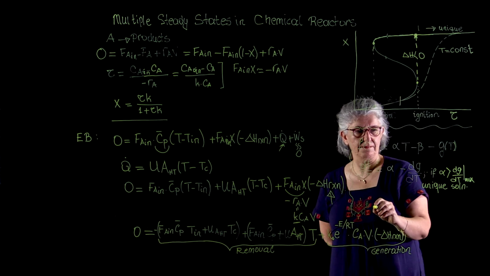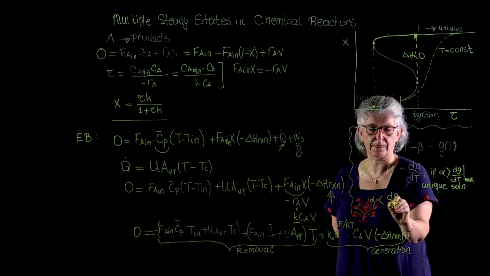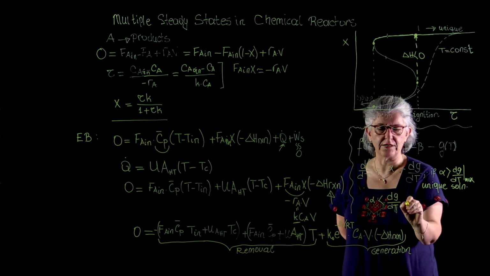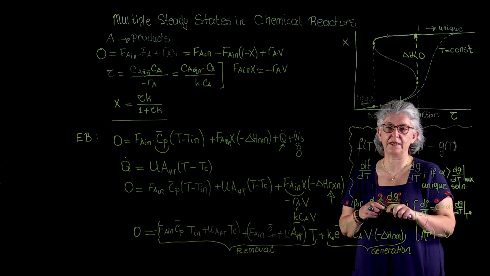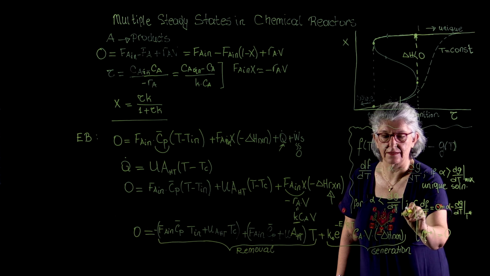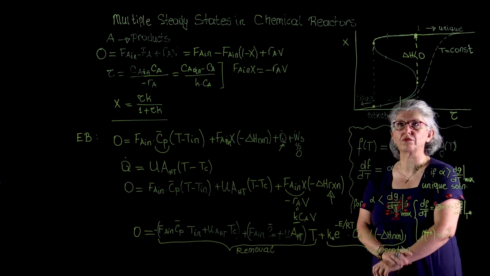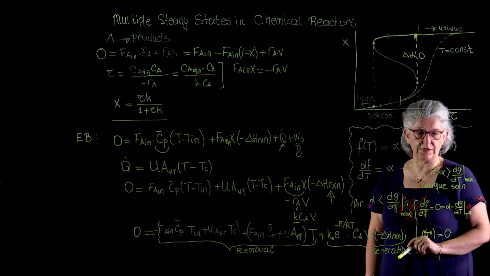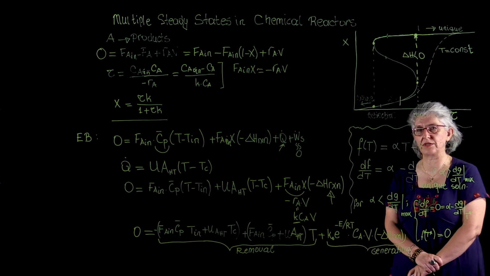Well, if alpha is less than dg over dT max, our function has to satisfy both of these conditions in order to have multiple steady states: the first derivative should be equal to 0 at a particular temperature, and our function should also be 0 at that particular temperature as well.